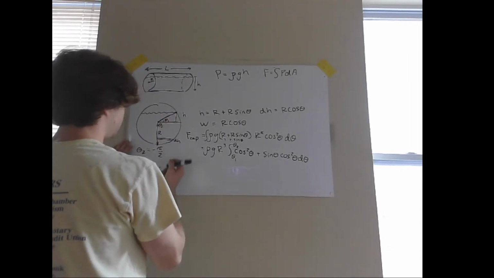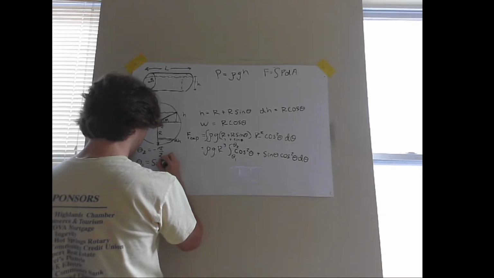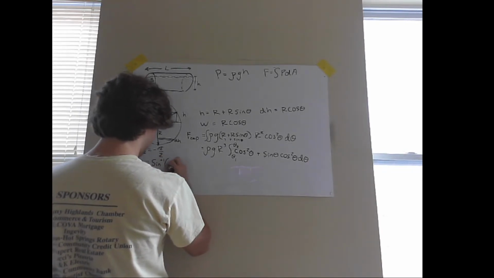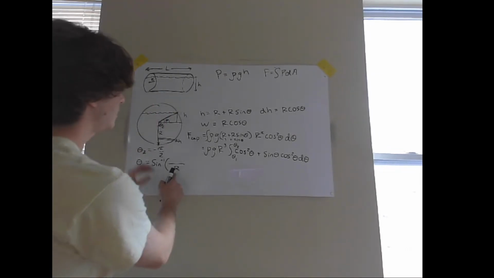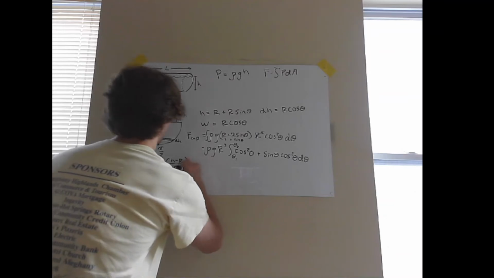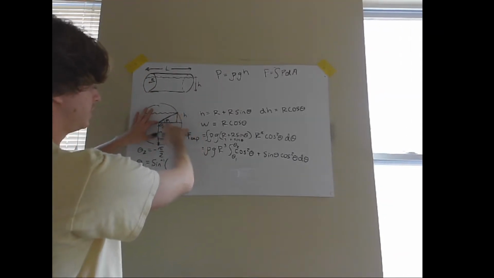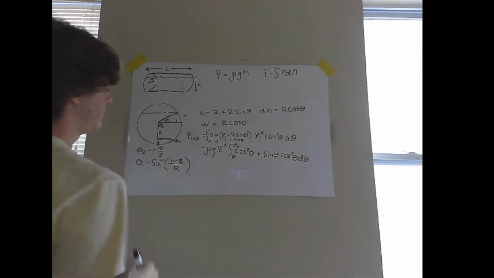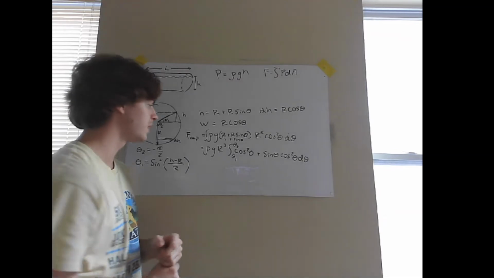The hypotenuse is just r. So since we're using sine, it's going to be arc sine. R is the denominator, and then this distance up here is just going to be h minus r. If you take away r from h, which is this whole distance, it just gives you this sliver here. And so that is the expression for theta 1.